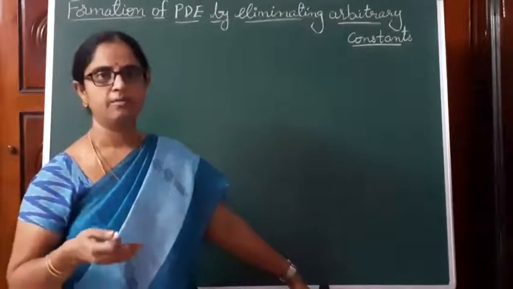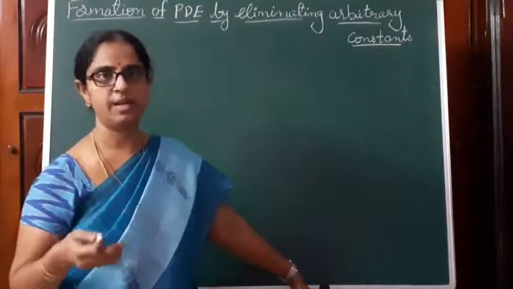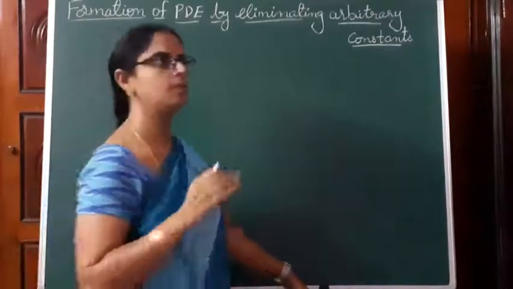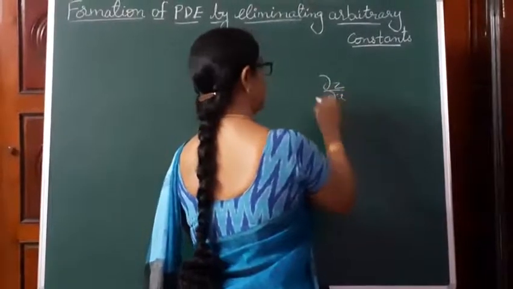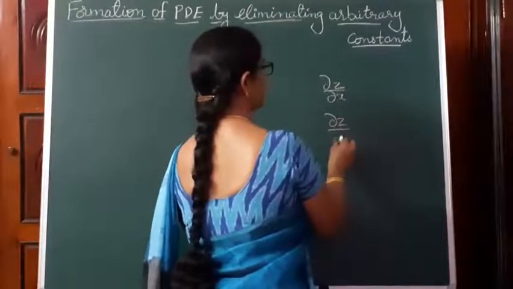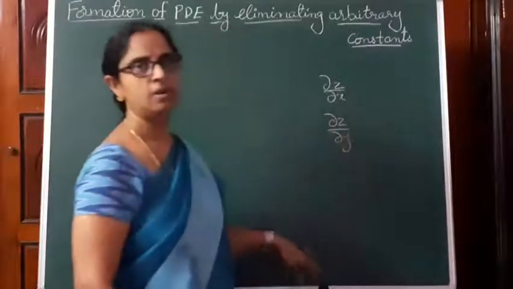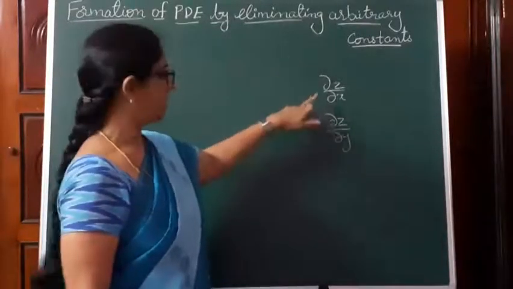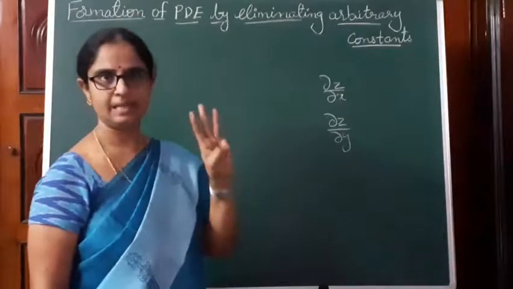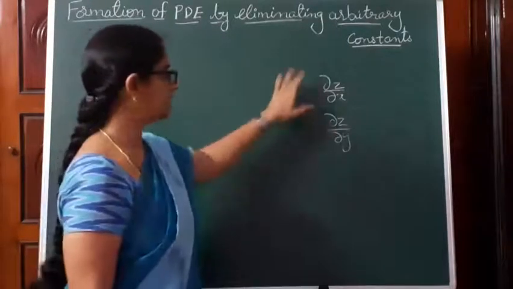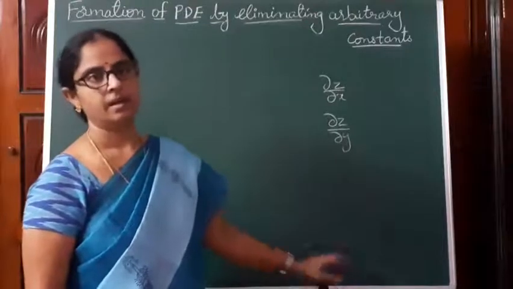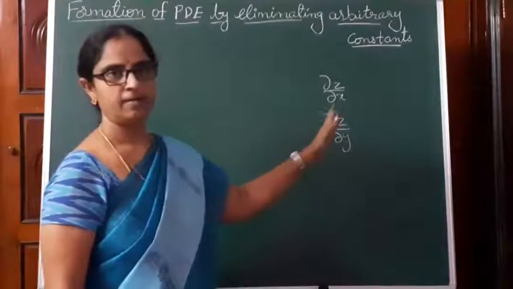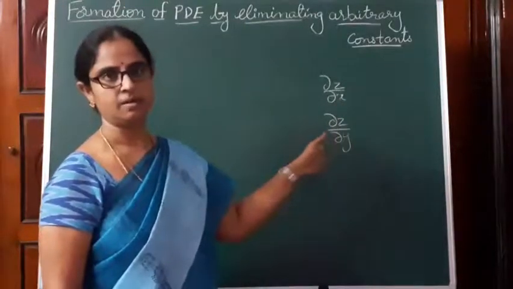First we partially differentiate the given equation with respect to x, that is dou z by dou x. Similarly, we partially differentiate with respect to y, dou z by dou y. So, along with the given equation and these two equations, we get three equations in total, and using these three equations, we eliminate the arbitrary constants if the number of independent variables is the same as the number of arbitrary constants.